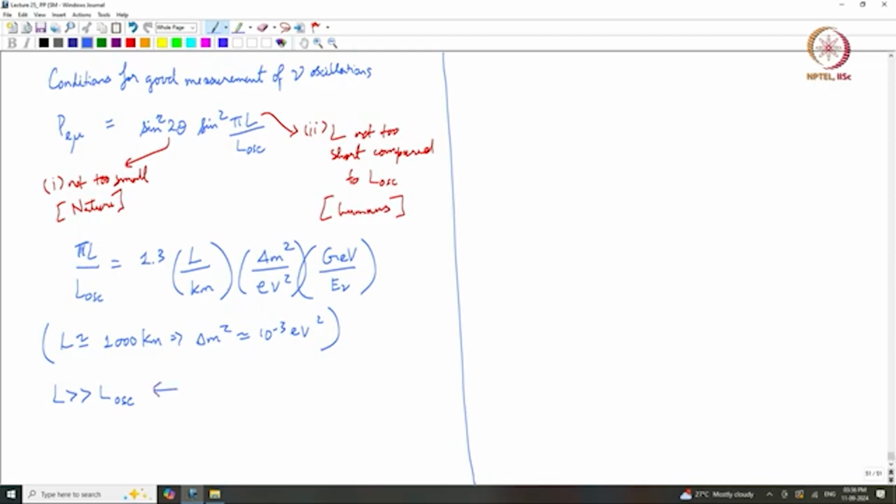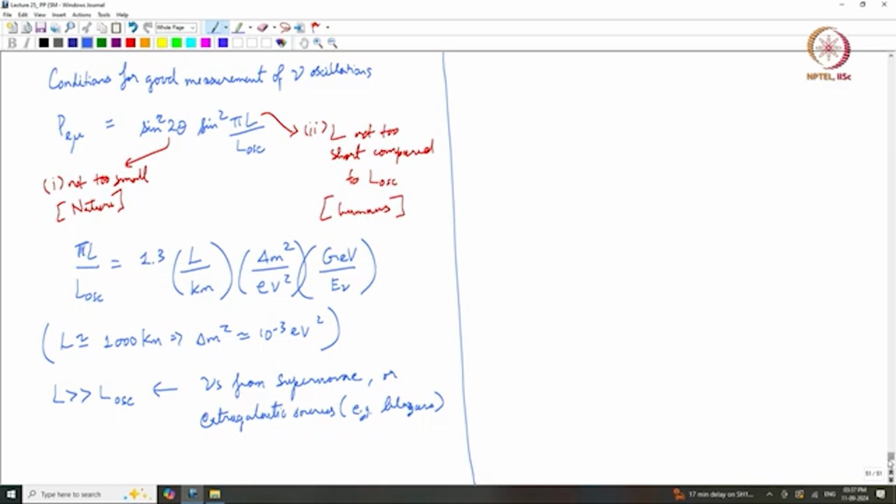This would be, for instance, neutrinos from supernovae, okay, or neutrinos from extragalactic sources like blazars, and so on and so forth. Okay, the oscillation length might be just a few hundred kilometers or whatever, or 1000 kilometers, but these are light years away, not even light years, I mean mega light years away, some of these, right?